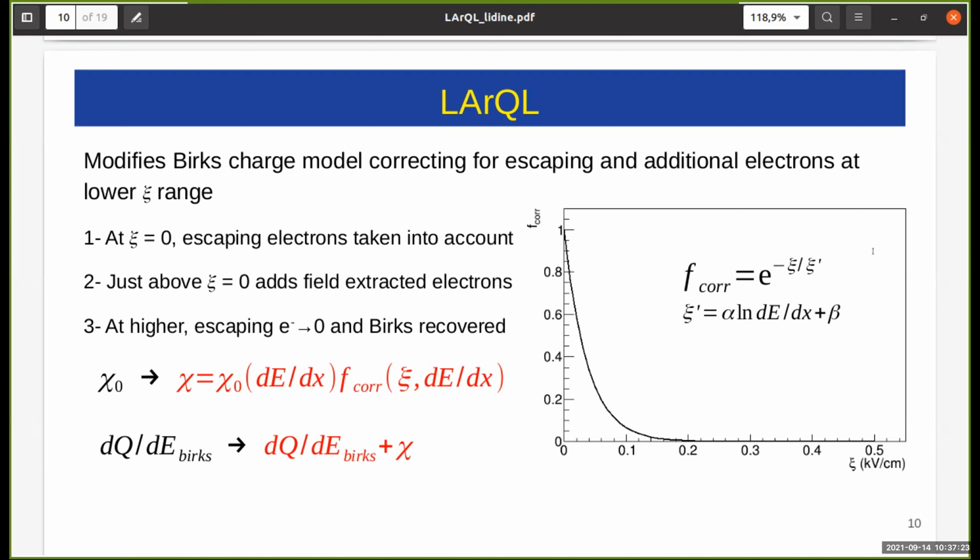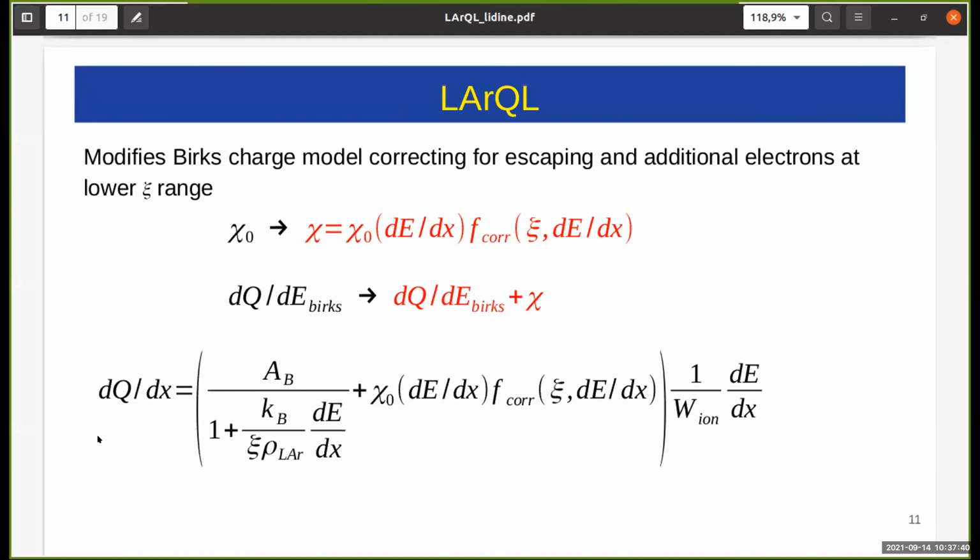So this is the cutoff, it goes as an exponential, and the cutoff is parameterized as a function of dE/dx itself. So we make this modification as indicated here. And for instance, what happens is, for example here, the Q/dx becomes this expression, which is the traditional Birks expression plus the correction.